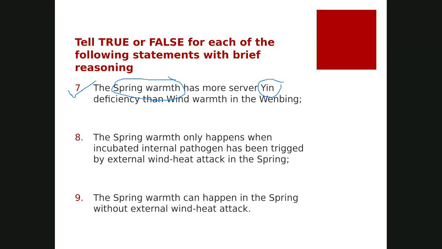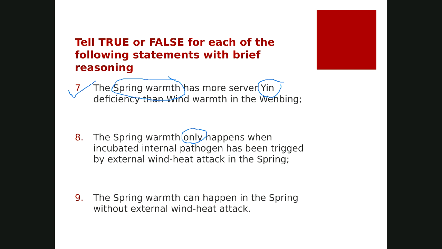Now, number 8, the spring warm disease only happens when incubated internal pathogens have been triggered by external wind heat attack in the spring. So this is the major issue that makes everything false.